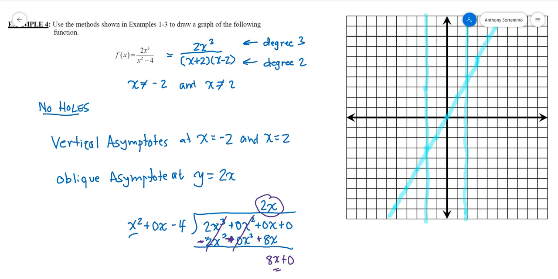Now again, these are just features that the graph is going to avoid in some way. It may cross over, may not cross over, but towards the ends the oblique one should be avoided, and certainly the vertical ones will be avoided all the time. This doesn't let me know what's on it. So here's what I need to do.